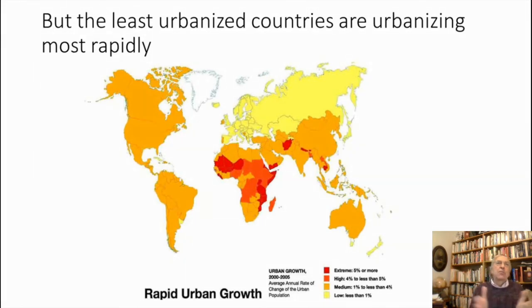Once you're at 80%, you already have an A on the exam, or a B or whatever. It's much, much harder to get, if you scored a 93 and you want to get a 95, you're going to spend hours and hours studying. So it's the same analogy. The countries with lower levels of urbanization are the ones that are growing most rapidly.